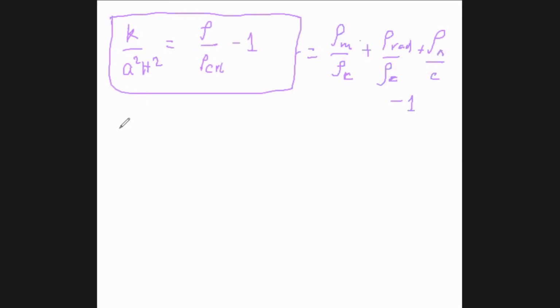From there, define rho critical, which is 3H square by 8 pi G. I have just proved it. Use this and find the first Friedmann equation. Once done, let me know.